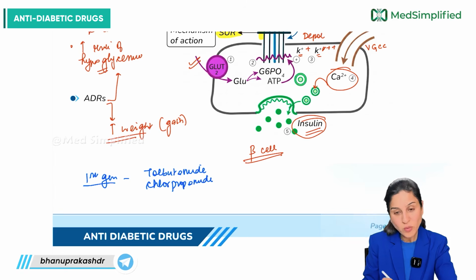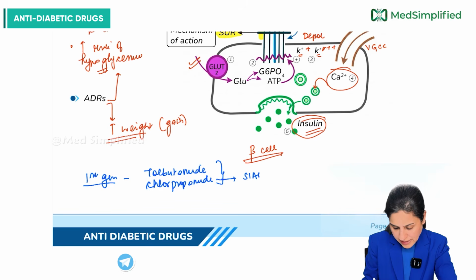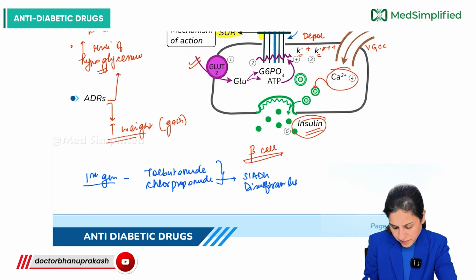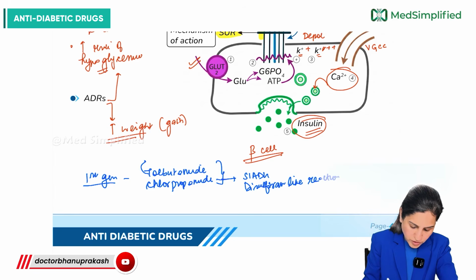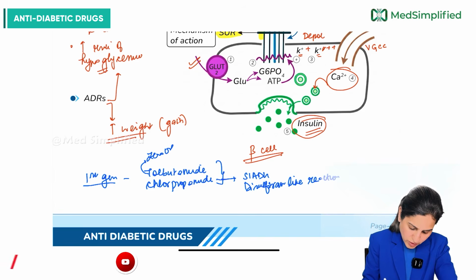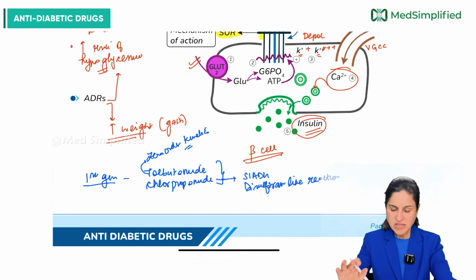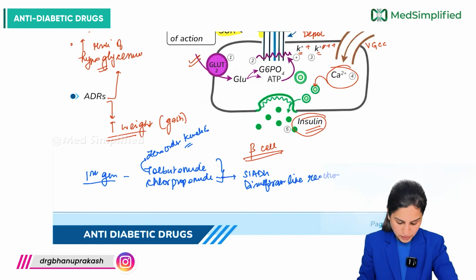The only thing I would want you to know about this is that chlorpropamide is responsible for SIADH, and it can lead to a disulfiram-like reaction. And tolbutamide follows zero order kinetics. So these are the important things that you need to know about this.